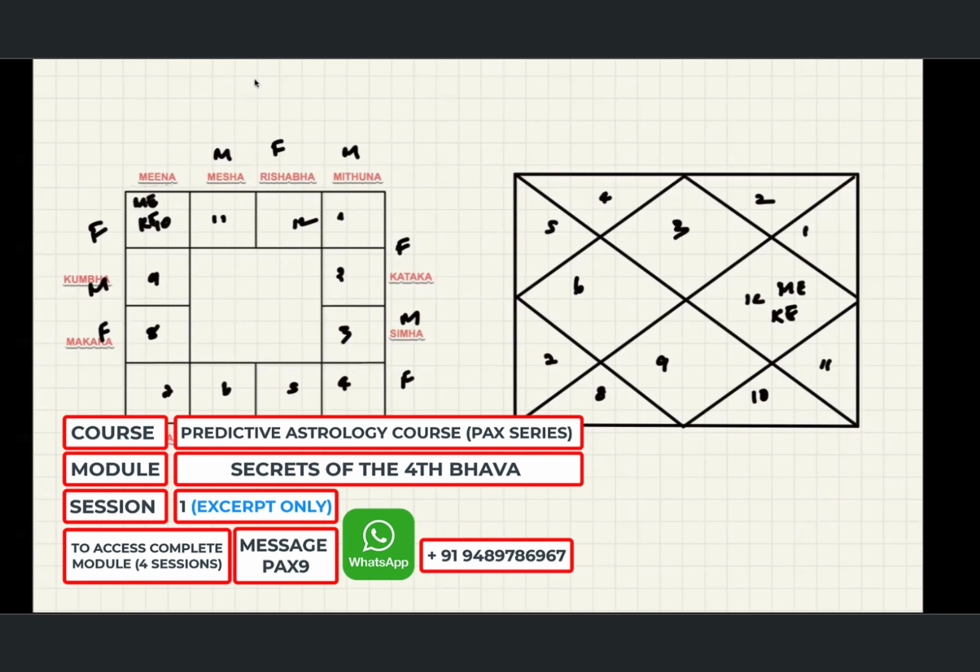Which means the fourth is getting strong. So the mother will be beautiful in her young age, but in the middle age, she will have an aged appearance.